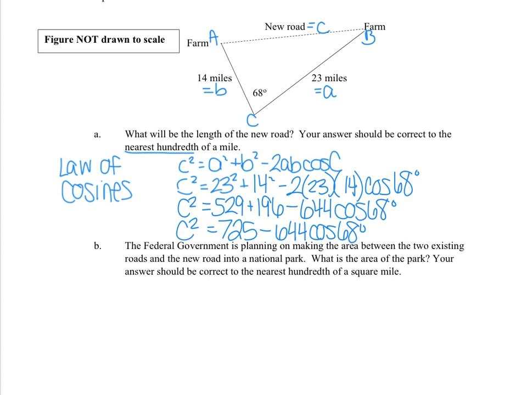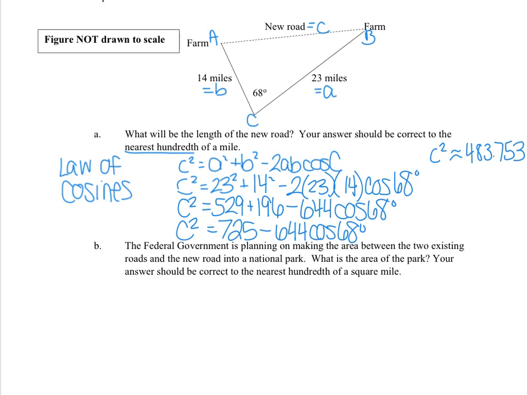So when I put that in my calculator, I'm going to get c squared is approximately 483.753. But keep that number in your calculator, because what you need to do is square root that number, not this rounded answer, but that number.